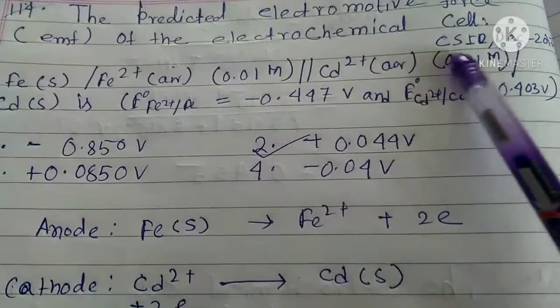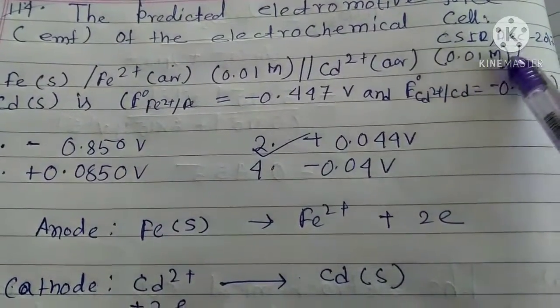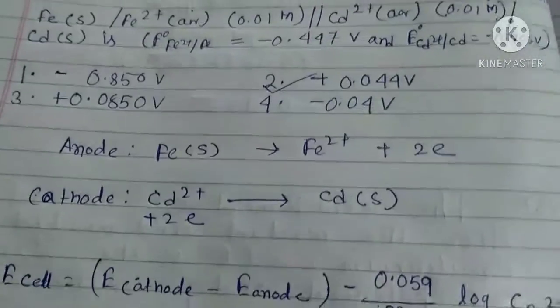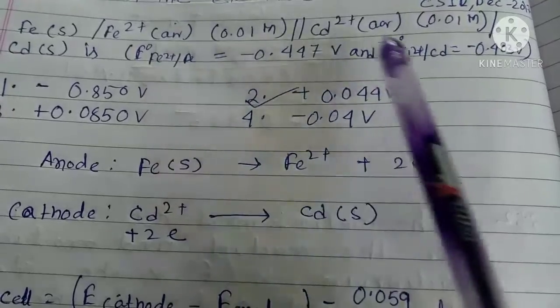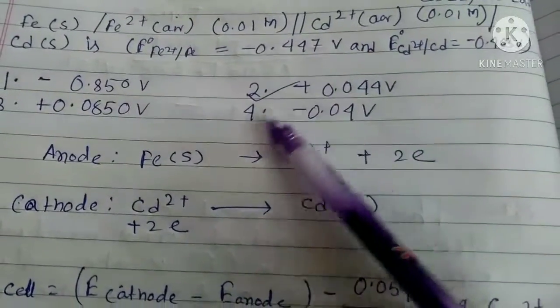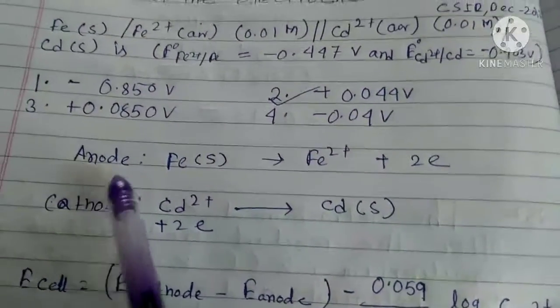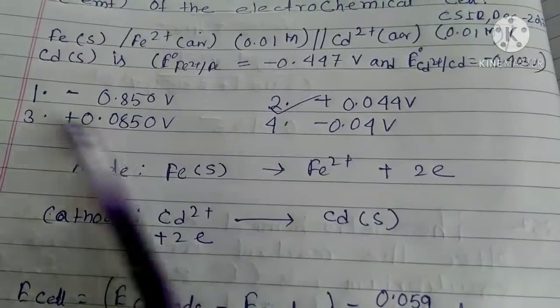The concentration is again 0.01 molar, and the reduction potentials of both anode and cathode are given. So what will be the electromotive force?